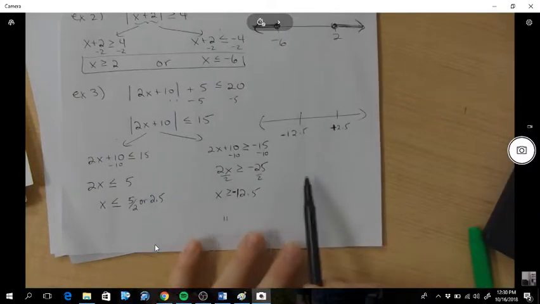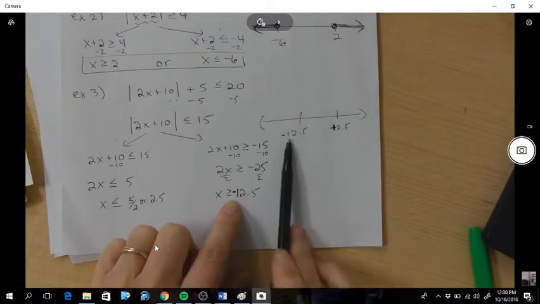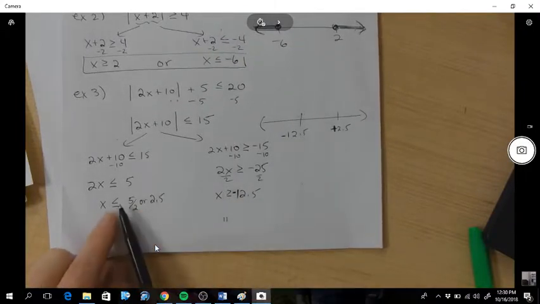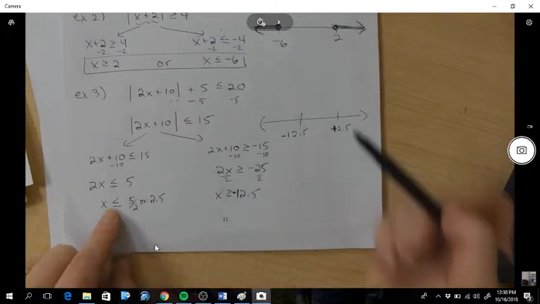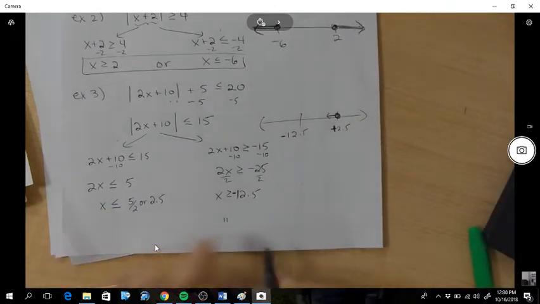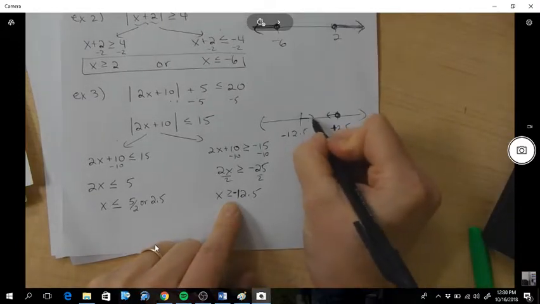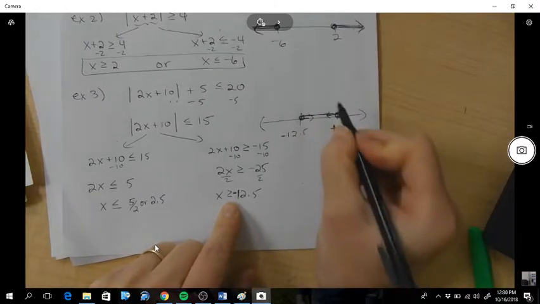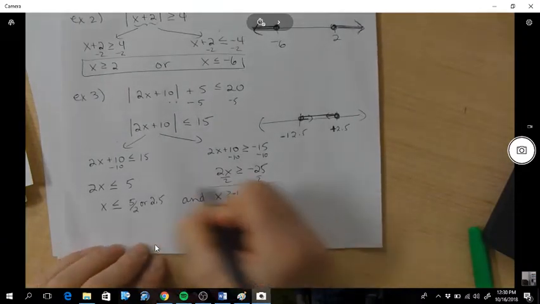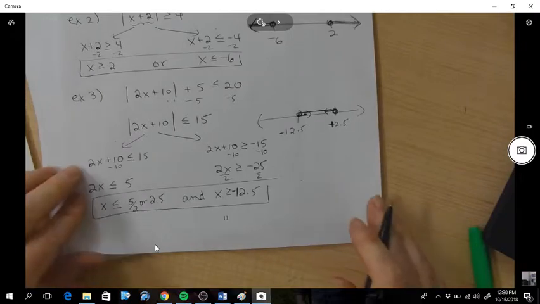There we go. That looks better. So this is -12.5, so now it's there, and 2.5 is there. I want to be less than or equal to 2.5, so I want to be going below it, and I want to be greater than or equal to -12.5. So I want to be in between. I'm going to use an and because my solution is in the middle of them.